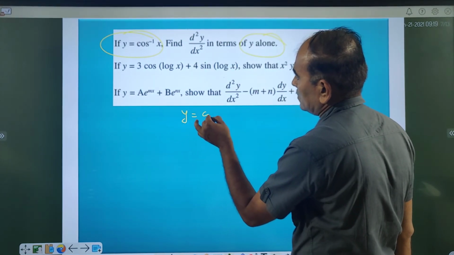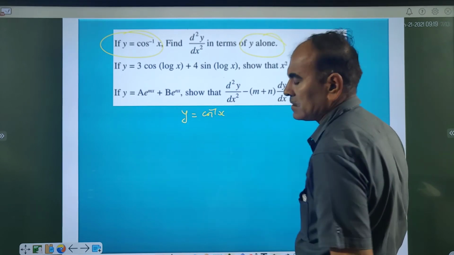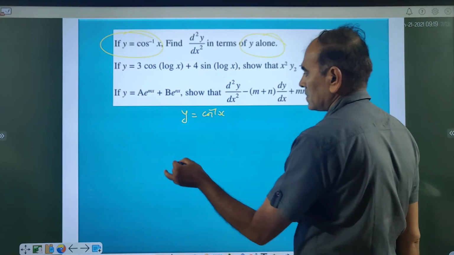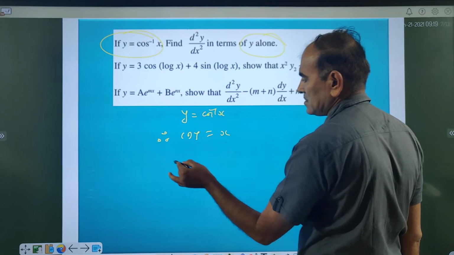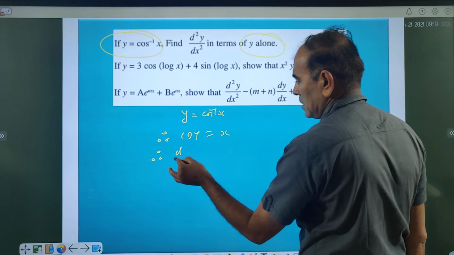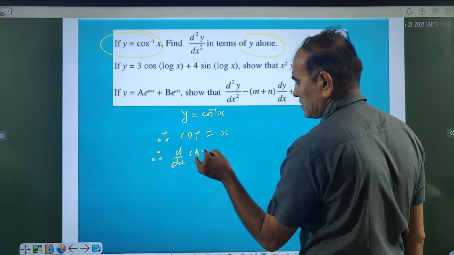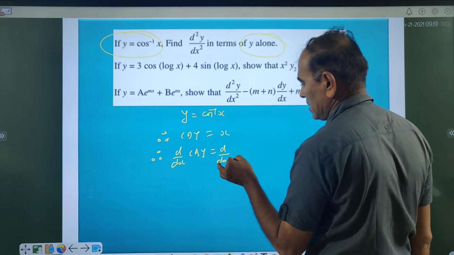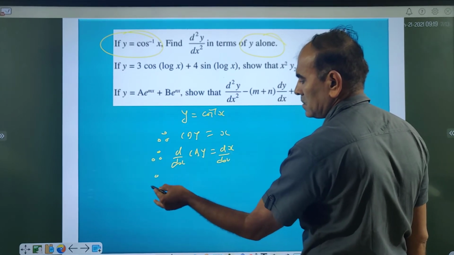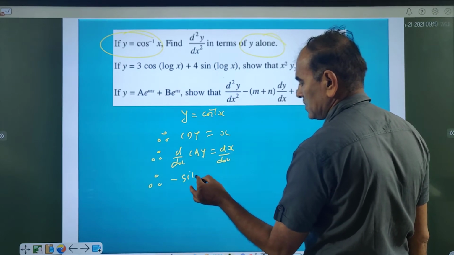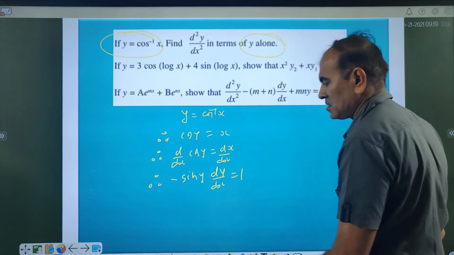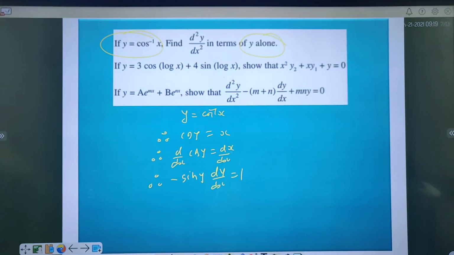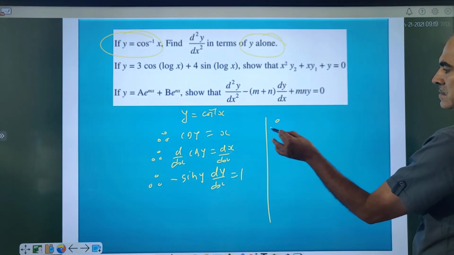Y is equal to cos inverse x is given, and therefore cos y is equal to x, and therefore d by dx of cos y is equal to d by dx of x. We can write it as minus sin y d by dx of y is equal to 1. So what we get?